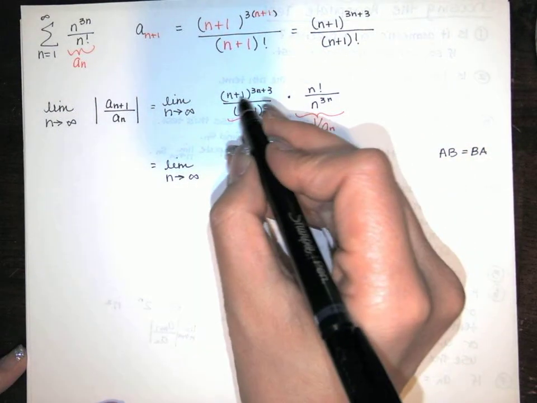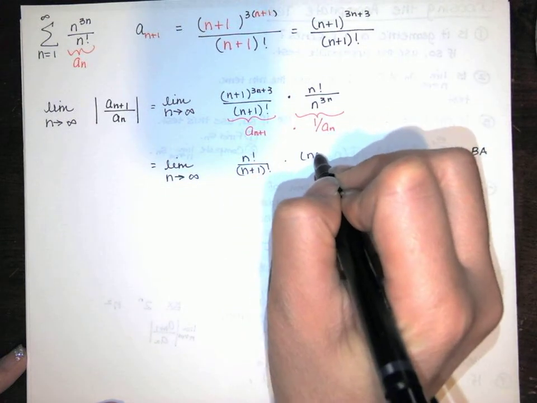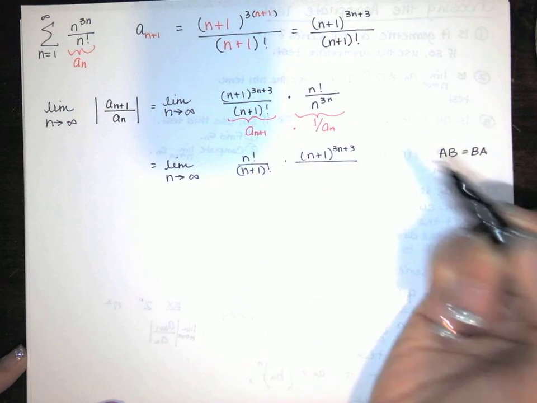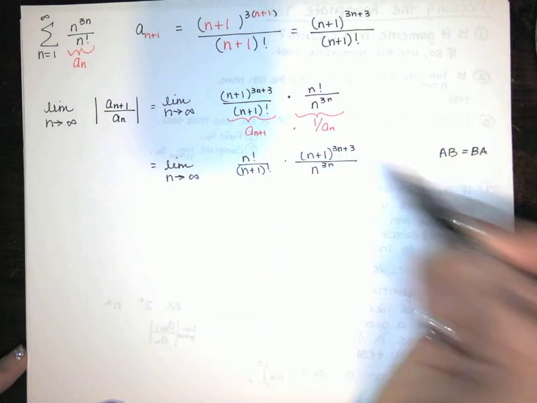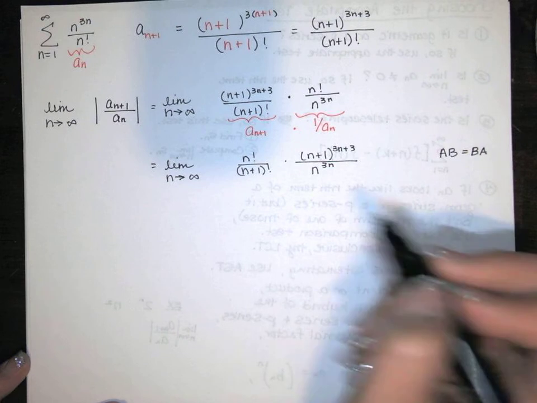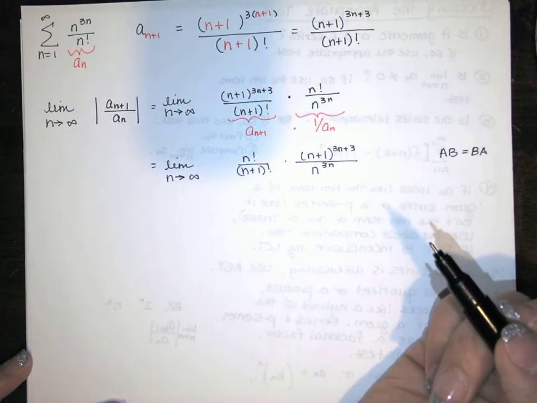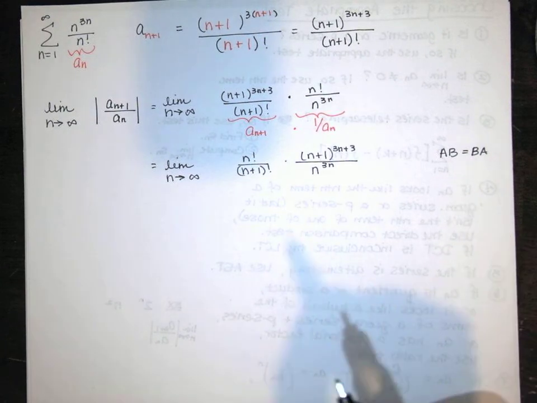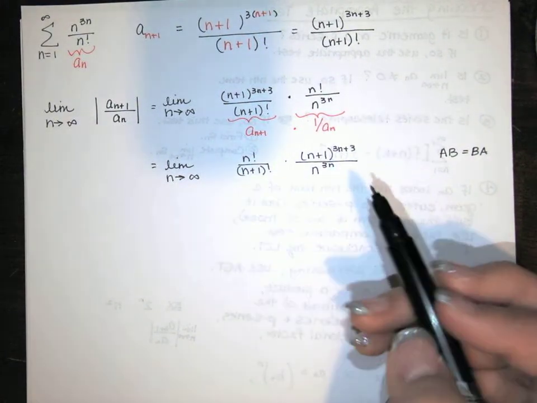And over here, I've got n plus 1 to the 3n plus 3, and I will divide that by n to the 3n. Okay, now the factorial expression can be simplified, and then this expression can be simplified using exponent properties and properties of algebraic expressions.